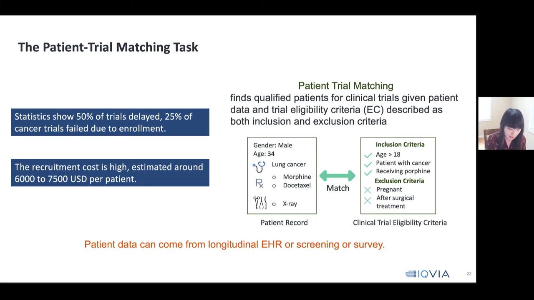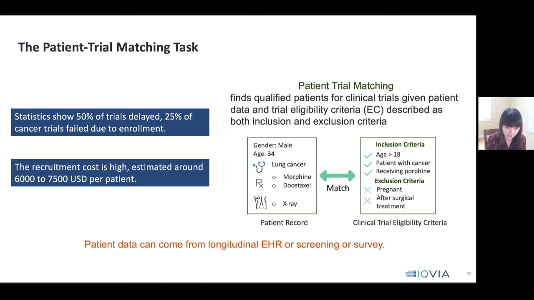The recruitment cost is very high, estimated to be around $6,000 to $75,000 US per patient. And recruitment failure is very common. Statistics show that 50% of trials are delayed and 25% of cancer trials will fail, all due to enrollment problems.